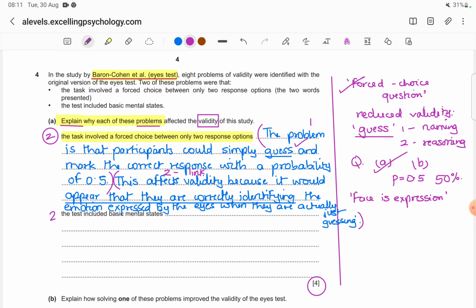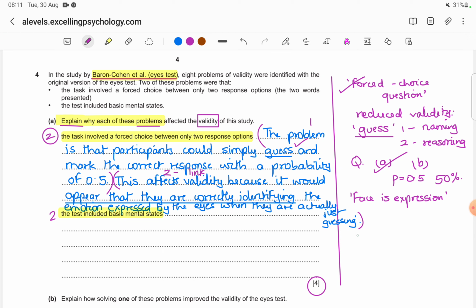Okay, next we see, in the same way, we have to answer why there could be a problem of validity with the fact that the test included basic mental states. One of the problems with the original CALL test, if you remember, is that it just included basic emotions and not complex ones.